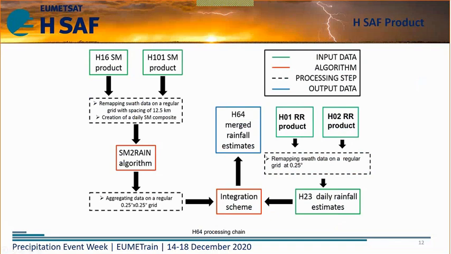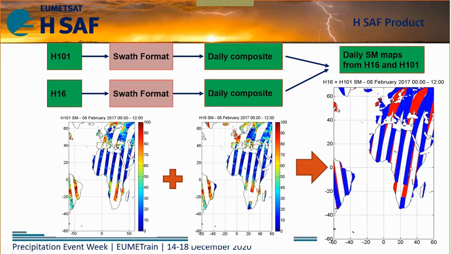And we integrate everything with the auxiliary module H23 that will be superseded by the H67 rainfall product.